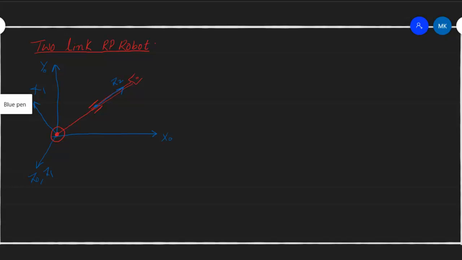So the origin of link 2 may be somewhere here, and this would vary. So x2 can be put somewhere here. All right, and then we complete the right hand by the right hand rule. Y would be somewhere on the other side, inside the board.